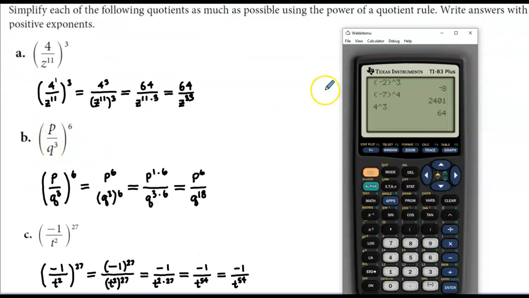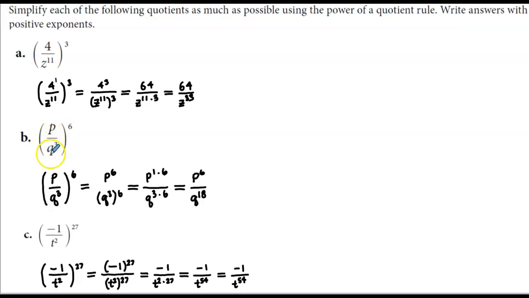In part B, the base is p over q to the 3rd power, with an exponent of 6. So p in the numerator has an exponent of 1, and the denominator q has an exponent of 3. So we have p to the power of 1 times 6, which is p to the 6th power.